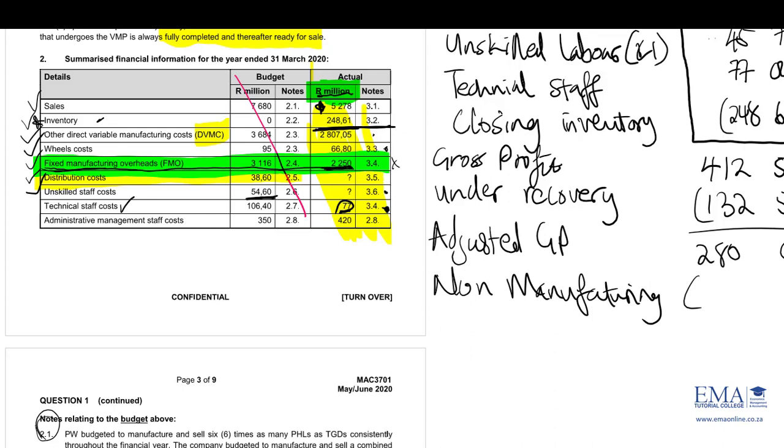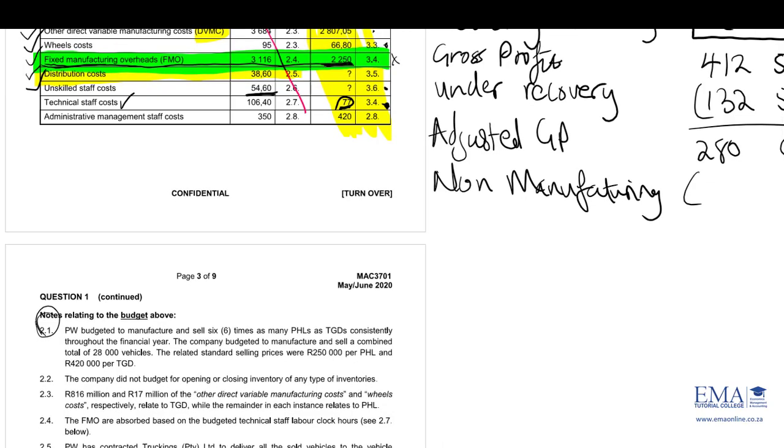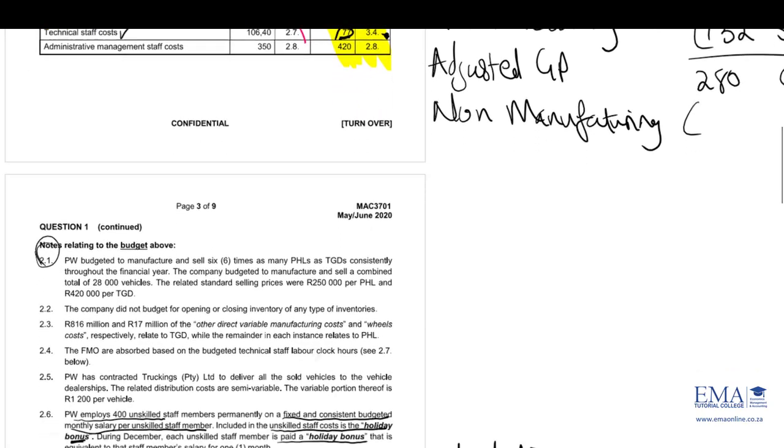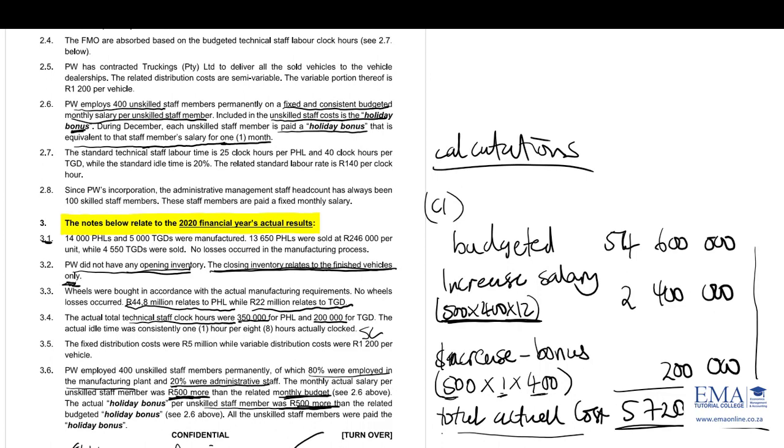They said we should check on 3.5. So if you look at 3.5, what did they say? In 3.5, they said the fixed distribution cost were 5 million, while variable distribution costs were 1,200 per vehicle. So the fixed were 5 million and the variable was 1,200 per vehicle.